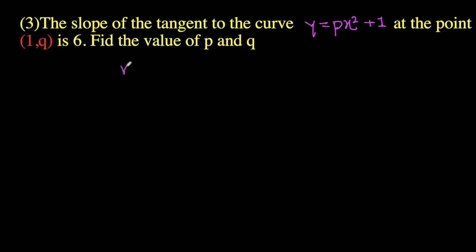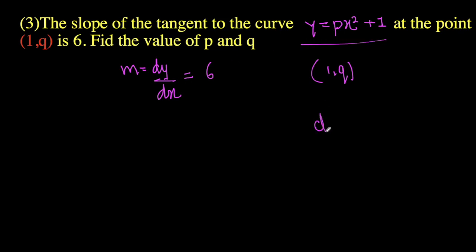Slope is given, so m is given, which means dy by dx is given, which is 6, and this is happening at the point (1, q). Now find the value of p and q. Since the slope is given, I will differentiate it. So dy over dx is equal to 2px.